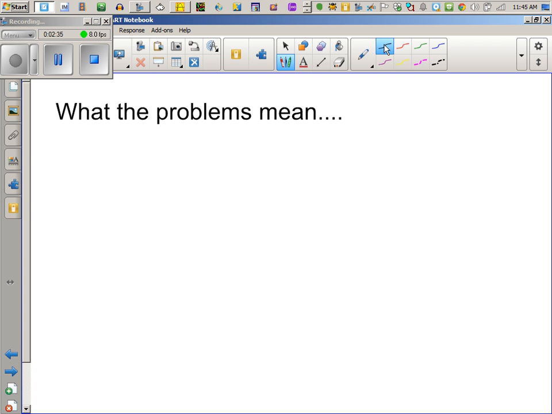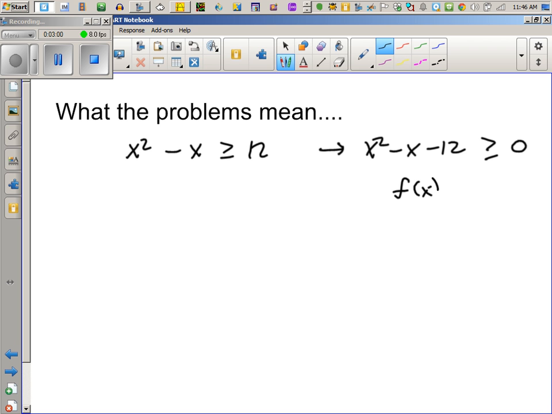If you are given something like this, x squared minus x is greater than or equal to 12, we know it can be written like this: x squared minus x minus 12 is greater than or equal to 0. And this has a very particular meaning. This is like f of x is greater than or equal to 0.